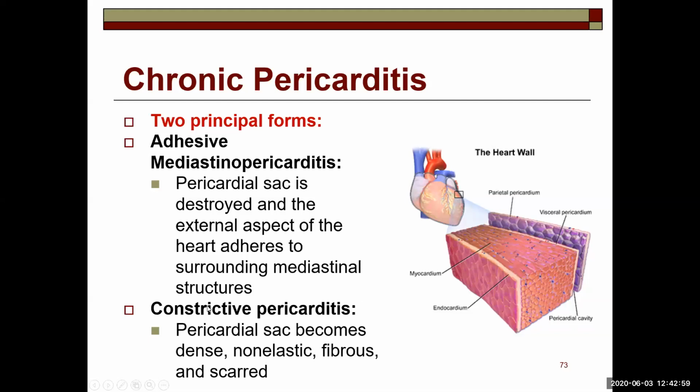So you can have mediastinal pericarditis, or you can have constrictive pericarditis, where the pericardial sac becomes dense, non-elastic, and fibrous. And you'll have like rubbing. It's like when you rub against leather. Just take your finger and rub against leather. That's what kind of sound you will hear during your auscultation.